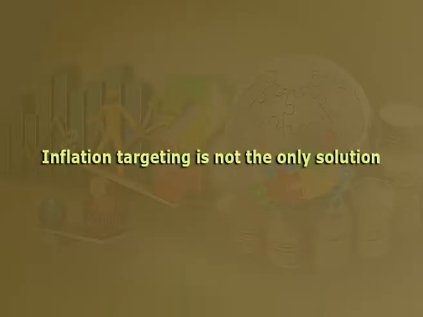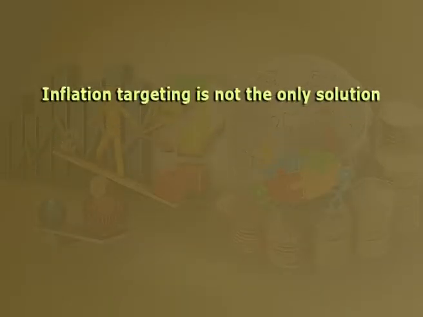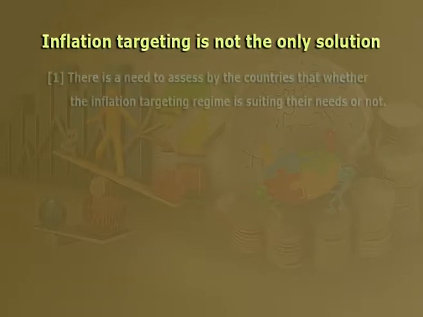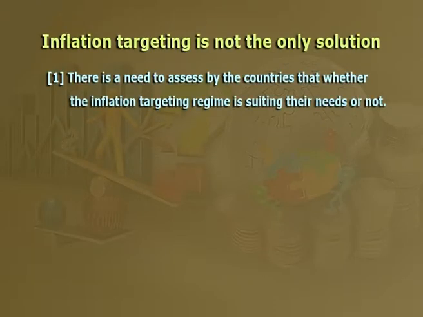Now we will look at inflation targeting is not the only solution. First point would be, there is a need to assess by the countries whether the inflation targeting regime is suiting their needs or not. For example, in many economies, exchange rate plays the central role in stabilizing output and inflation. In such economies, it is a matter of concern whether the inflation targeting is subordinate to exchange rate or not.